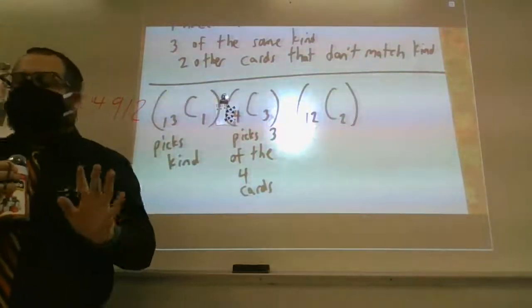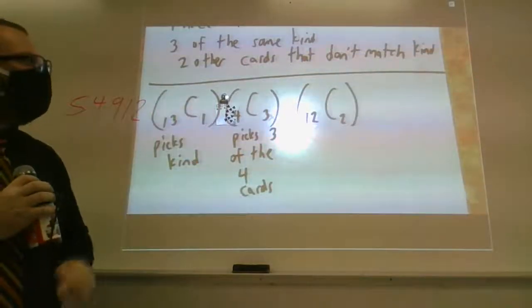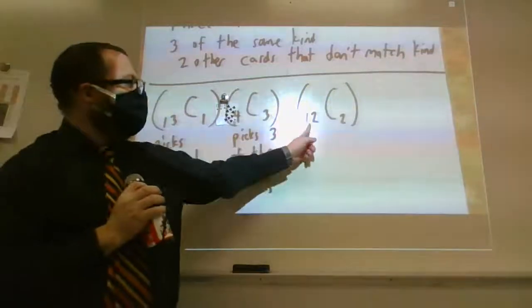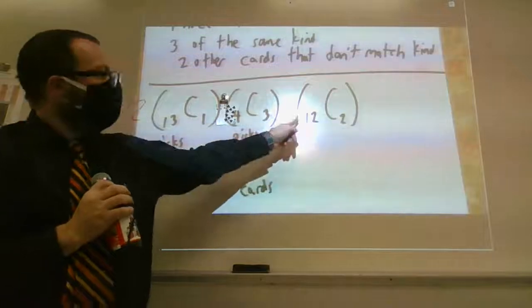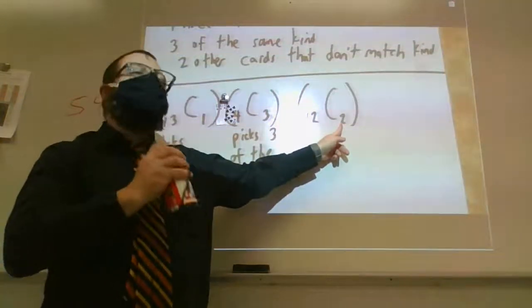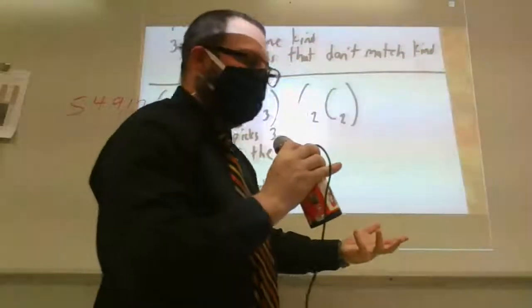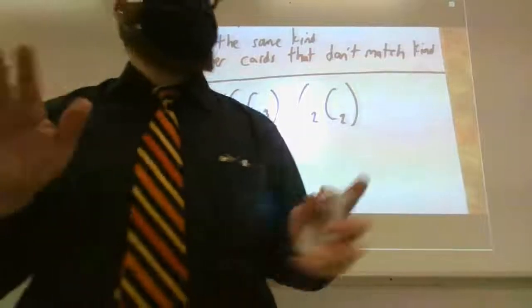But now I can't pick 10 again. A 10 cannot show up in the remaining 2 cards. So there are 12 kinds left to choose from. But then you end up choosing 2 of them. You have to pick 2 different kinds from the remaining cards. Pick a kind of card that's not a 10.